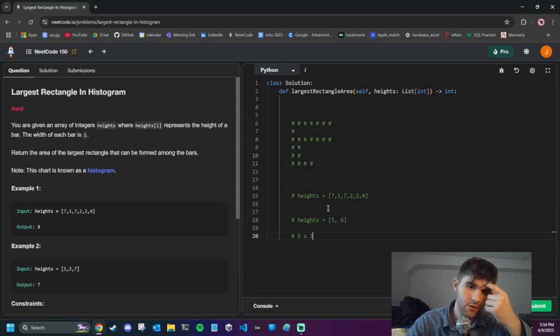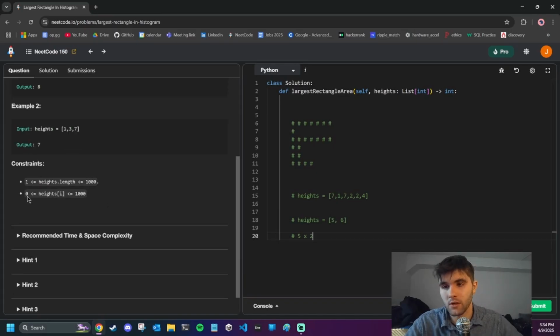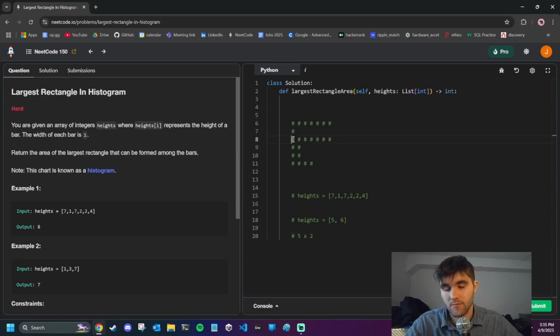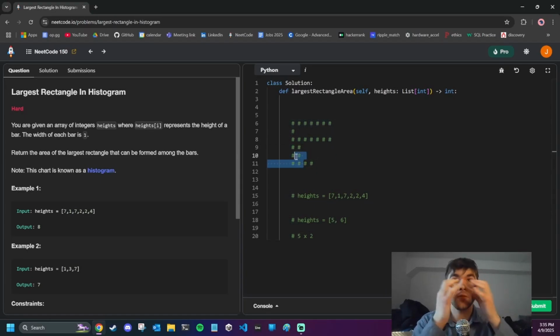Do they all have to have at least height of 1? No, they could have a height of 0. So it's like we want to find the minimum height of a subarray and multiply the length of that subarray by the minimum height.